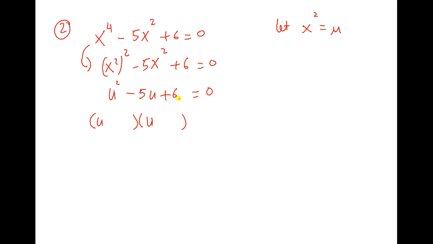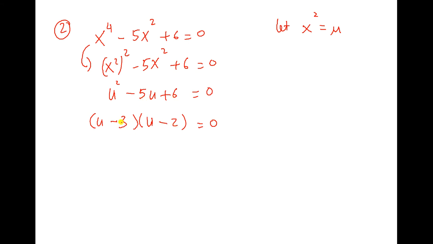When I multiply, I get plus 6. When I add them together, I get minus 5. It looks to me that minus 3 and minus 2 are the correct factors that I need, because minus 3 times minus 2 is plus 6, and minus 3 plus minus 2 is minus 5.